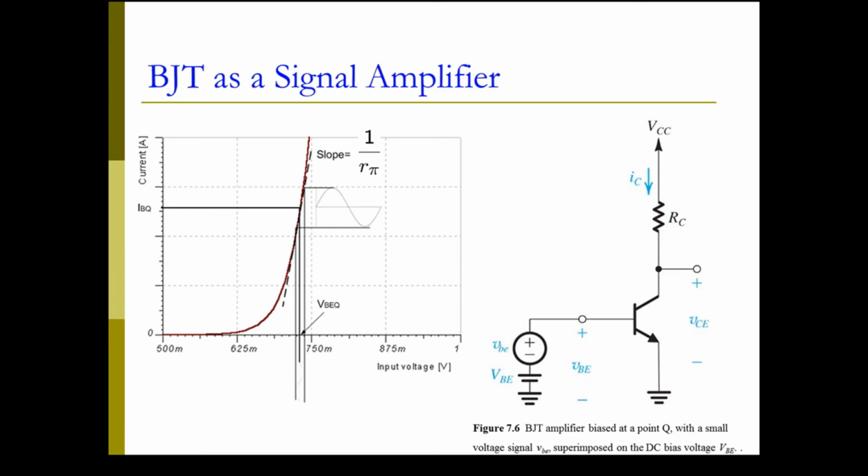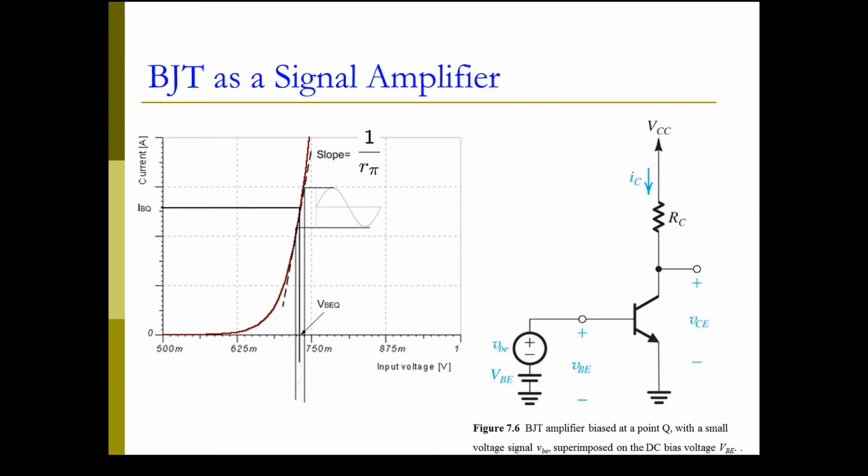If we are able to properly bias the transistor, as we can see here, and then send a small signal at the base, probably you cannot see that, a very small sine wave voltage signal at the base, this small change will cause a current change, right? So the base current is going to change. This current will go along the IV characteristic of this EBJ.